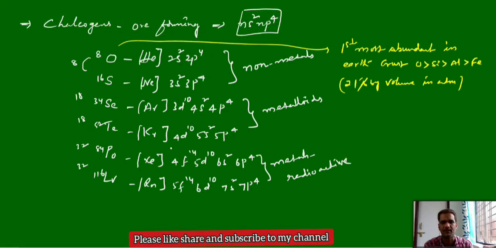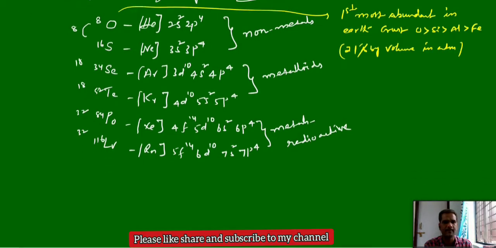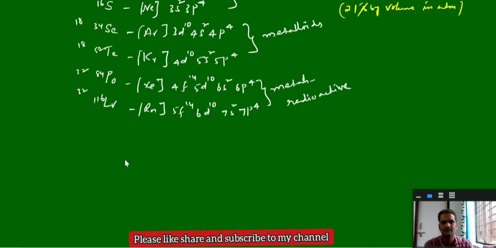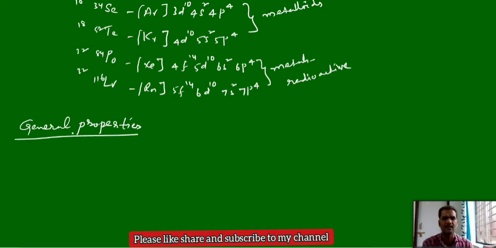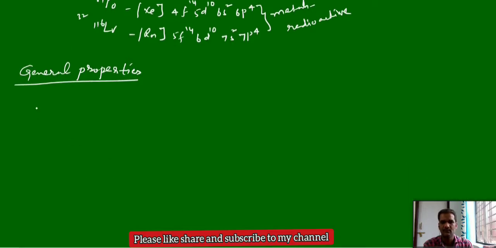Now we will see the general properties of all these elements one by one, meaning the periodic trends and some physical properties also. First, the physical state of these group elements.